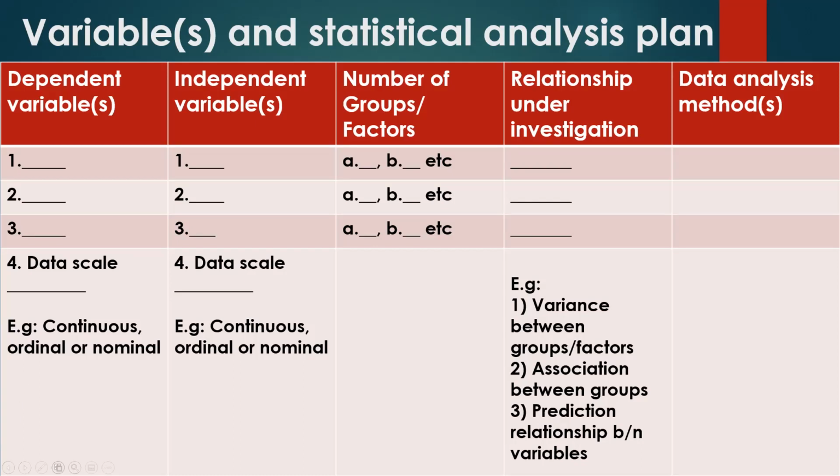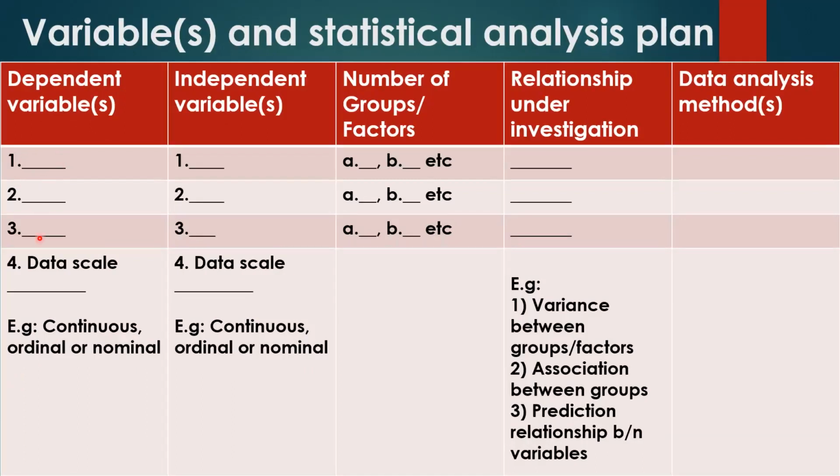Let me just put the pointer on. Okay, you see now we are under the independent variable section. So you go to your objective, you identify the dependent variable. Sorry, the first one is the dependent variable. So you must identify the dependent variable or variables. It could be 1 or 2 in that research objective.